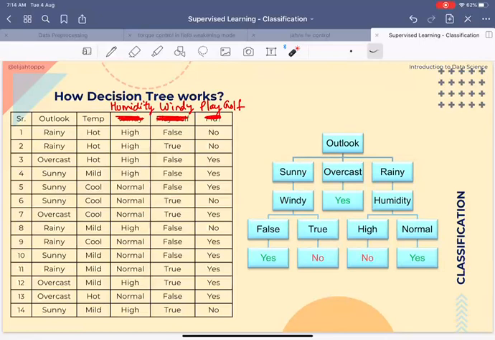Okay, so at this point, some very logical questions that should come to your mind are, how do I create this tree, right? This tree is created with the table which we have. If something comes outside this tree, like an outlook other than rainy, overcast, or sunny, our tree won't be able to predict, right?